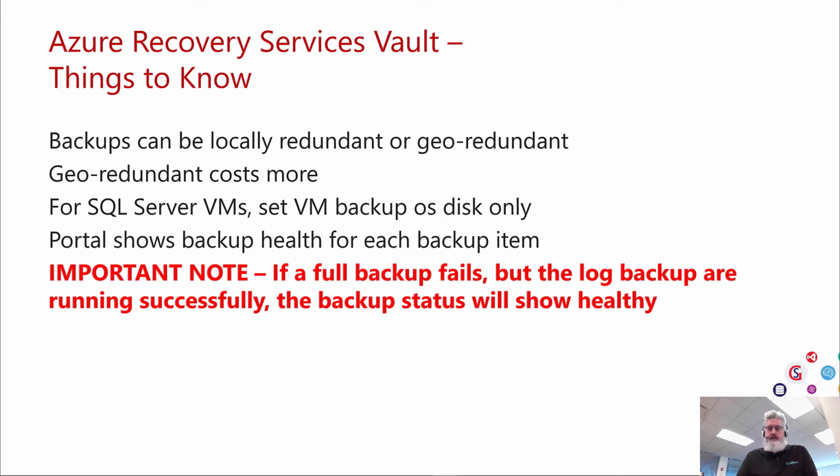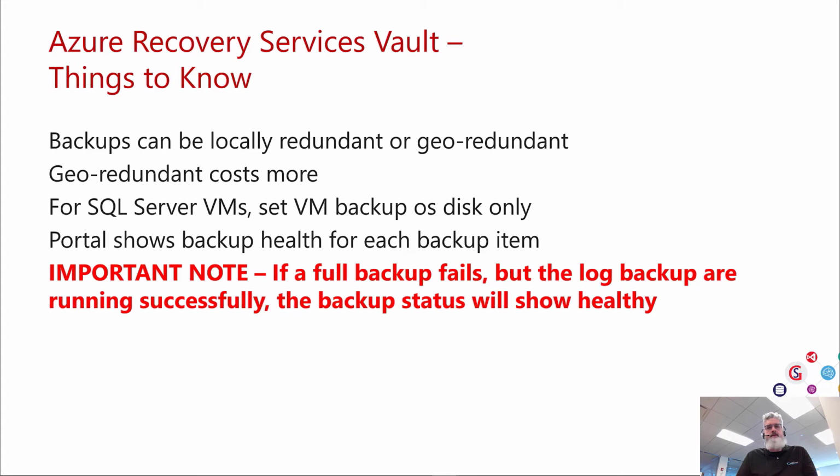So if there's a problem on the Azure side that renders that site, so your location, say, is East US, you can't get to East US, you're not going to be able to get a hold of your backups. You can have them written to a data center pair, so you would be able to access them from that paired data center under GeoRedundant setting.